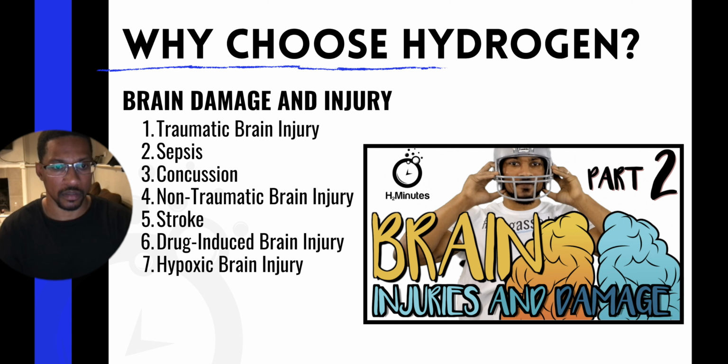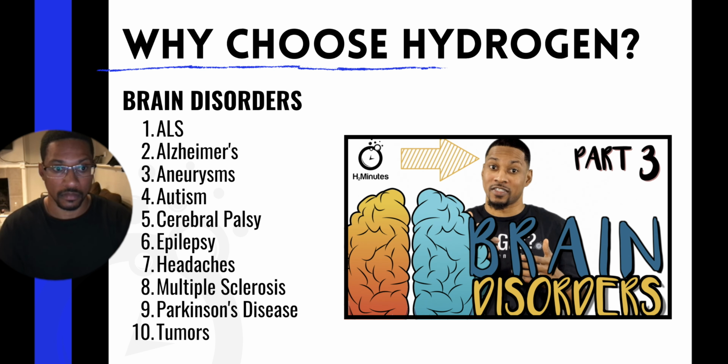The next video was brain damage and injuries, and we discussed traumatic brain injuries, sepsis, concussions, non-traumatic brain injuries, stroke, drug-induced brain injuries, such as from a pharmaceutical drug or methamphetamine, and then hypoxic brain injuries, such as losing the oxygen-rich blood supply to the brain.